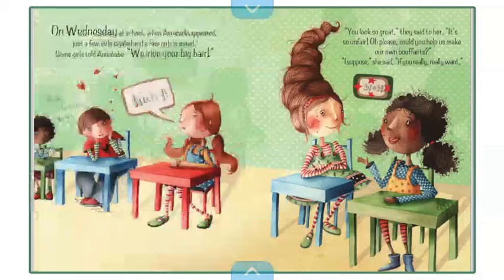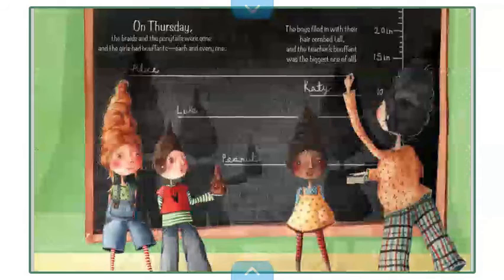It's so unfair. Oh, please, could you help us make our own bouffants?" "I suppose," she said, "if you really, really want." On Thursday, the braids and the ponytails were gone, and the girls had bouffants, each and every one. The boys filed in with their hair combed tall, and the teacher's bouffant was the biggest one of all.